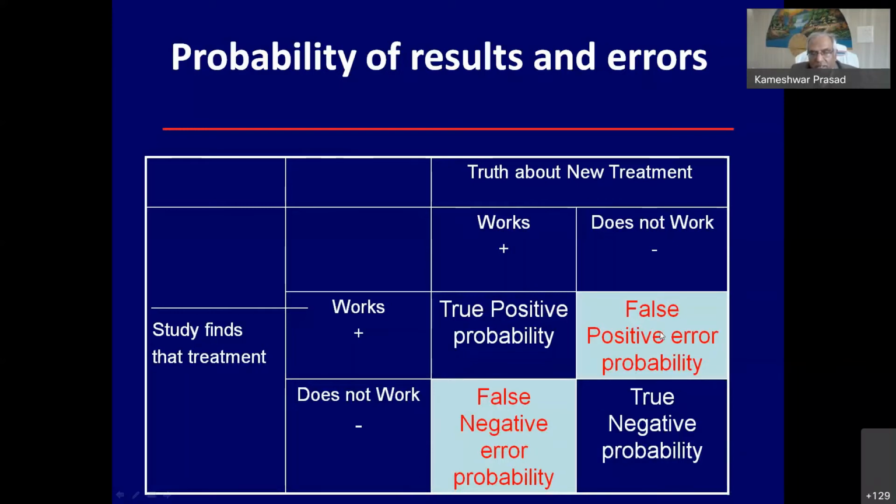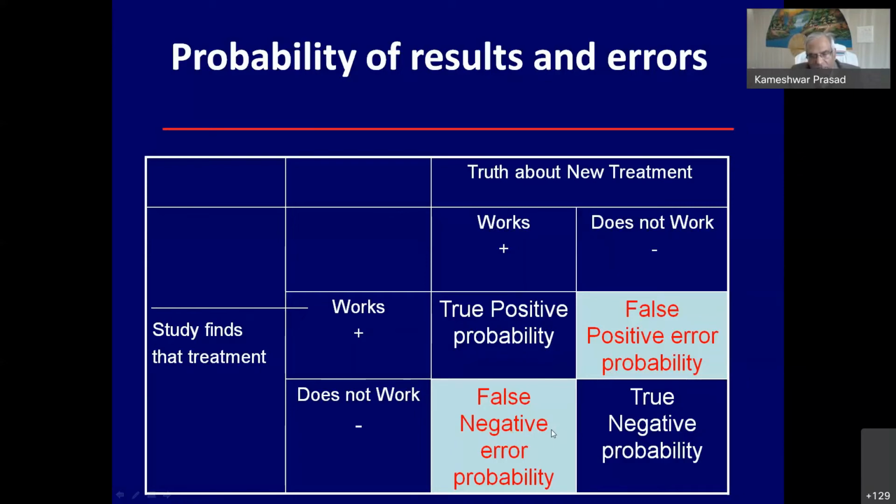Alpha is not the false positive error; the probability of false positive error, the probability of type 1 error, is alpha. And the probability of false negative error, type 2 error, is called beta. Now, why do you need to know this? If you don't want to use my formula, you can go to the internet. There are many sample size calculation formulas, but they will ask you, what is your alpha, what is your beta? So this is why you ought to know this.